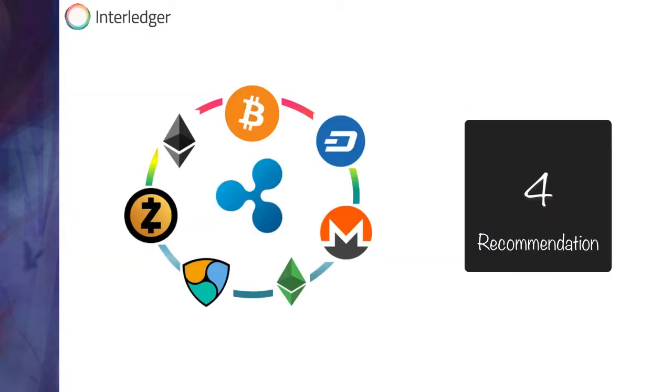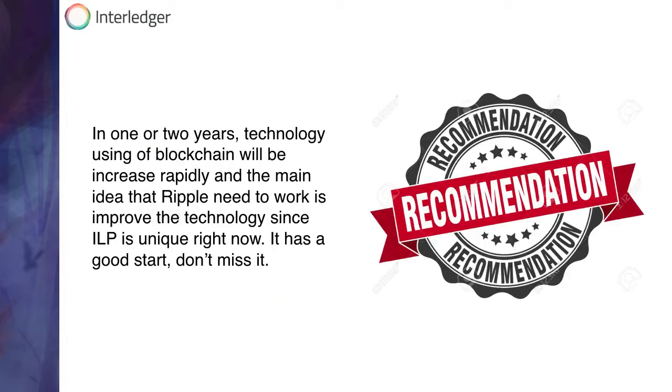So the last recommendation. I think the Interledger protocol is doing great, and Ripple needs to keep doing that as constant work. It's already a unicorn, and being a unicorn is important because in the real world, that's always the necessary thing for technology.